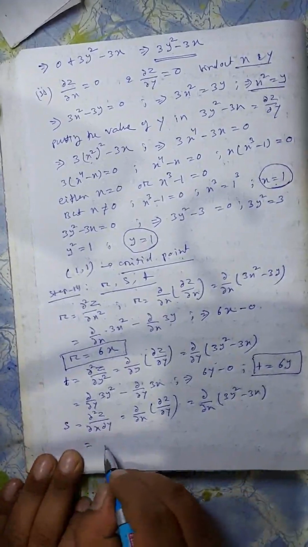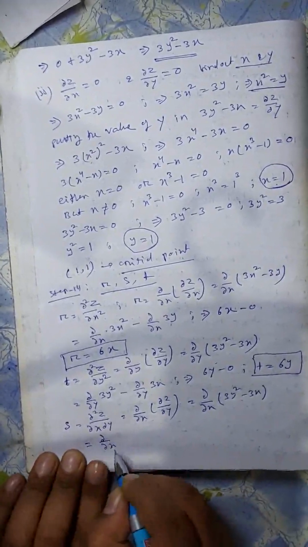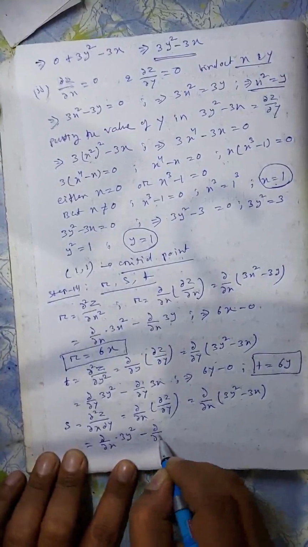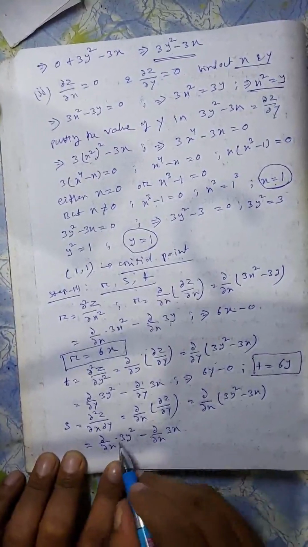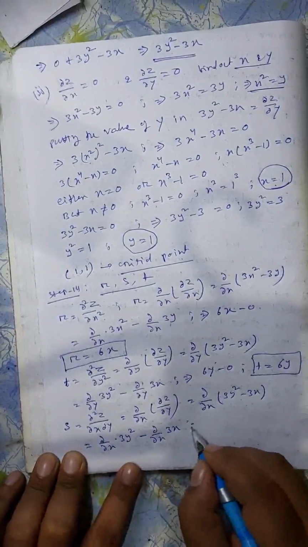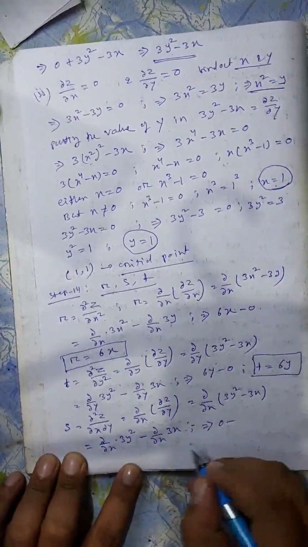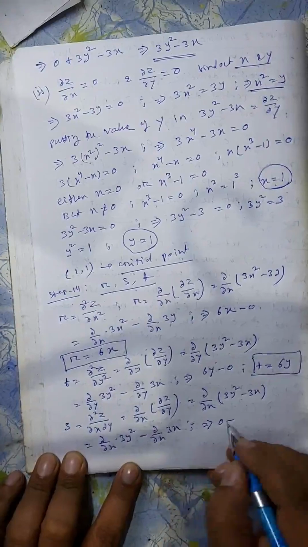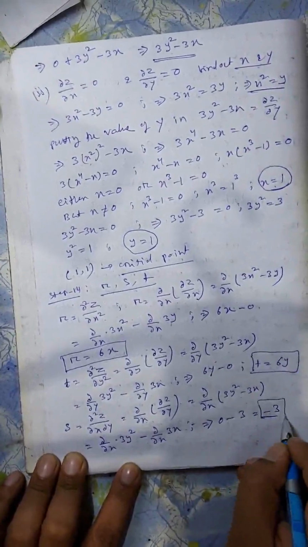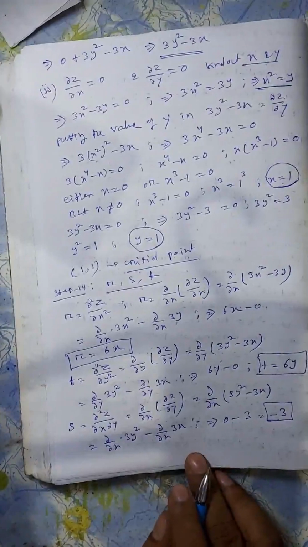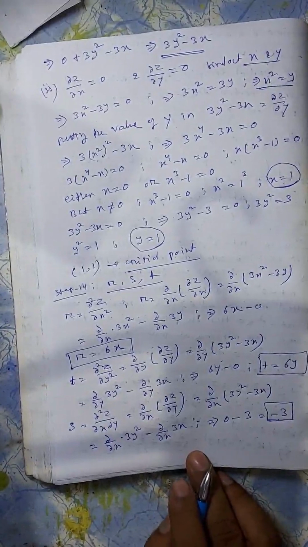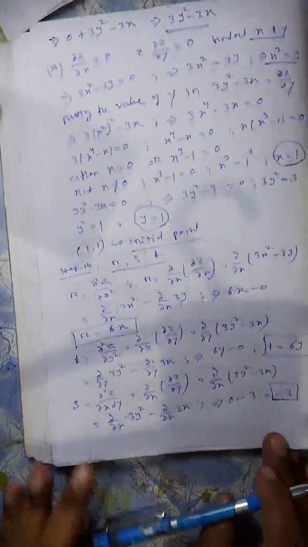This is equal to del by del x of 3y square minus del by del x of 3x. This is constant, y is a variable, a constant with respect to x, so 0. 0 minus 3 constant, del x by del x equal to 1, becomes minus 3. So your s value is minus 3.